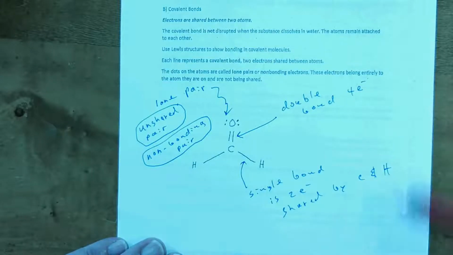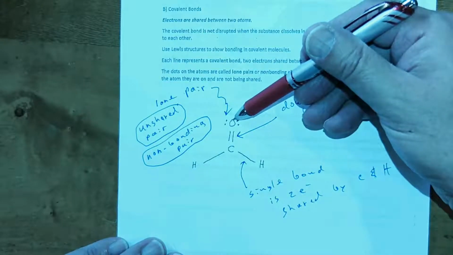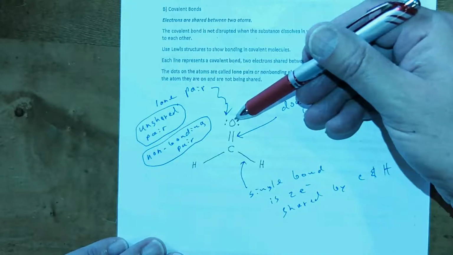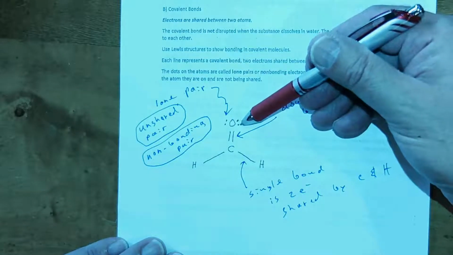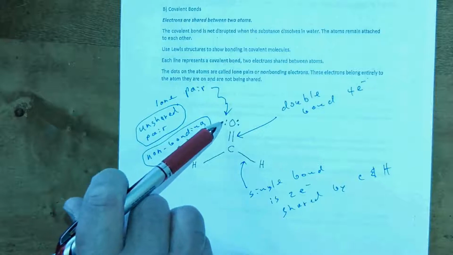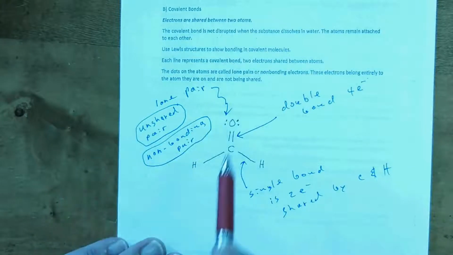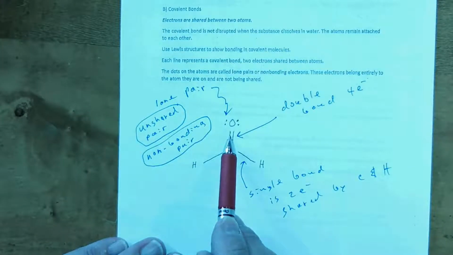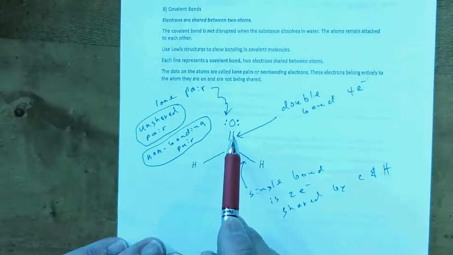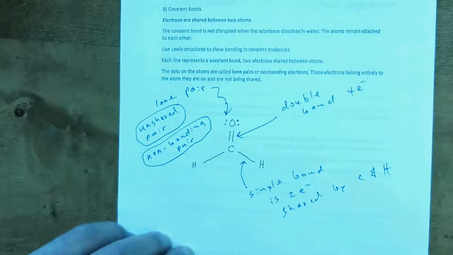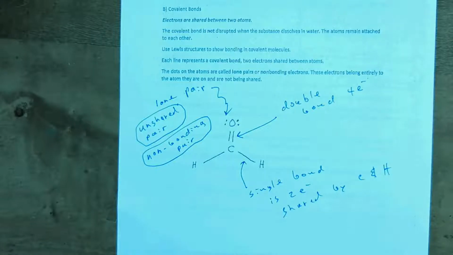If you look at the oxygen atom, it feels like it's being touched by 1, 2, 3, 4, 5, 6, 7, 8. So the oxygen atom's being touched by 8 electrons. So they're both happy. They both satisfy the octet rule.